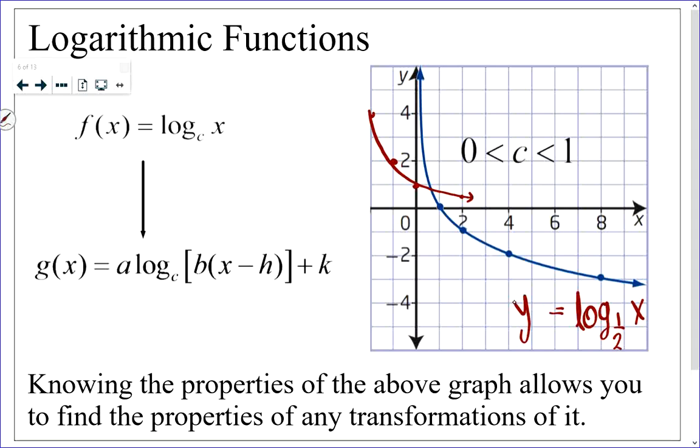So when you reflect that graph across the line y equals x to get the logarithmic function, which is the inverse of that exponential function, it has to take on that shape. But if you know that's what a logarithmic function looks like when the base is between 0 and 1, then again, you should be able to determine the properties of any transformation of that exponential function, or logarithmic function, rather.